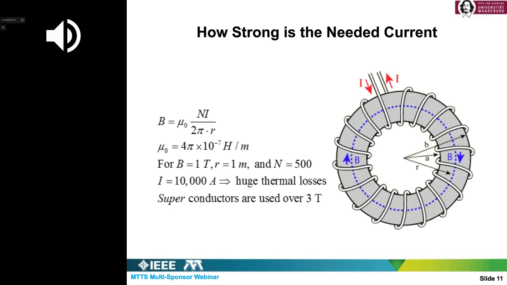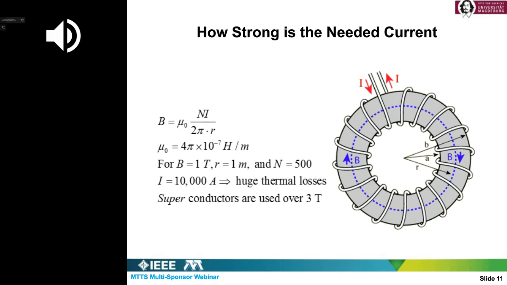Just to give you a picture of the order of magnitude, if we ask for something like one Tesla, and we would like to put ourselves, so the body itself, within this toroid, we will see that the necessary current is something like 10,000 ampere. So just to have one Tesla. And one Tesla is actually very, very moderate for MRI.